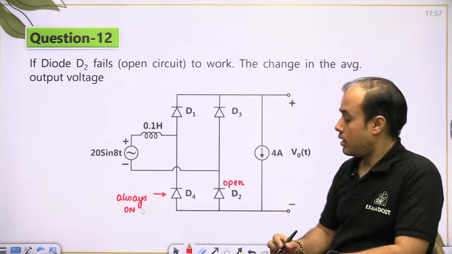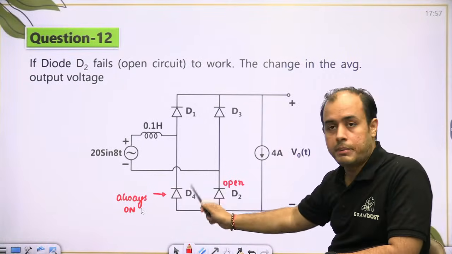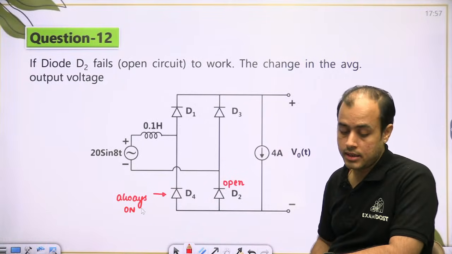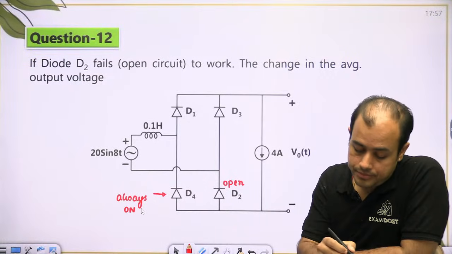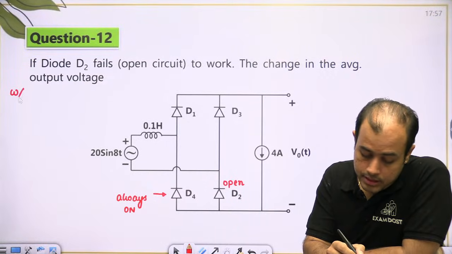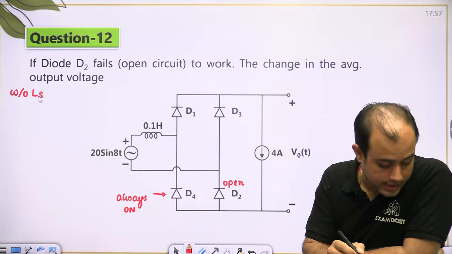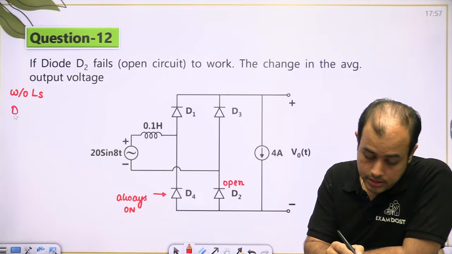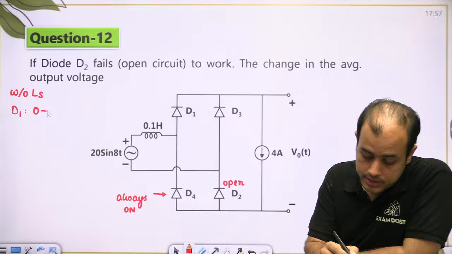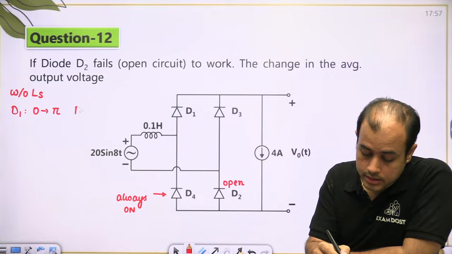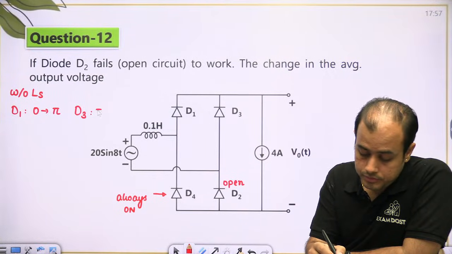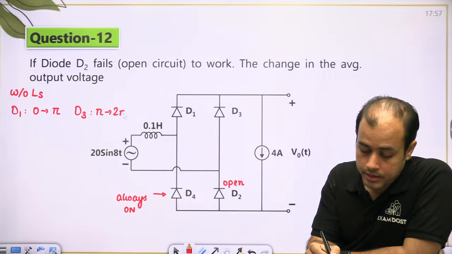देखें। तो दिस इज ओपन, दिस विल बी ऑलवेज ऑन। नाउ आइडियली, ठीक है, if we talk about without ls, D1 will be on from 0 to pi, D3 from pi to 2 pi.